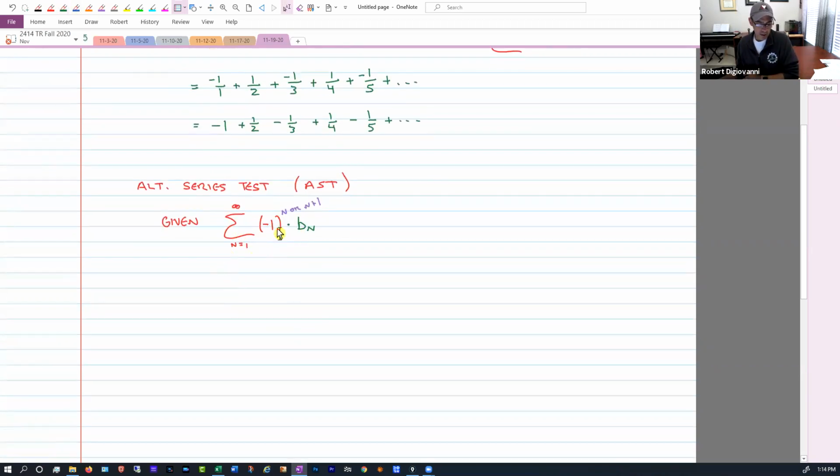So let's say we're given this series. What we do to test if this converges is this. We have two things that have to happen. One, the limit as n goes to infinity of B sub n equals 0, and two, B sub n is greater than B sub n plus 1, eventually.